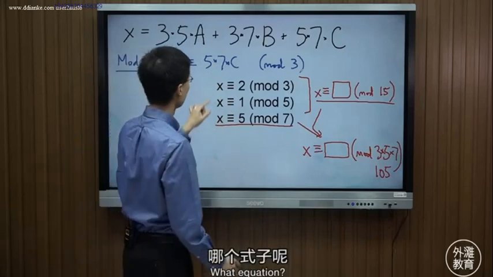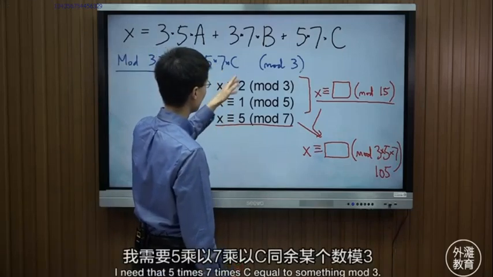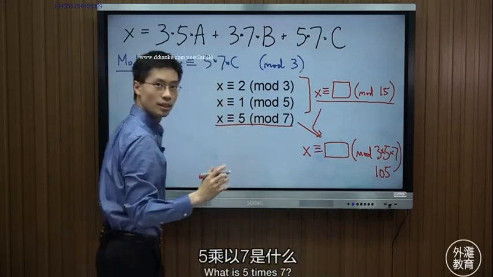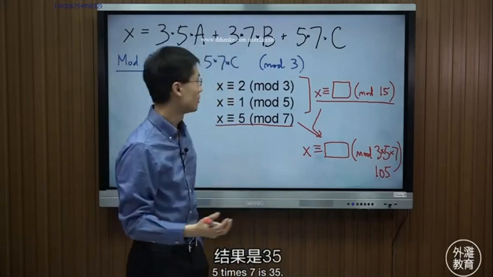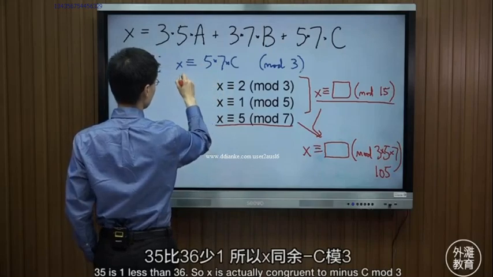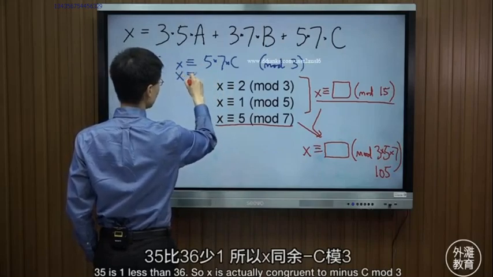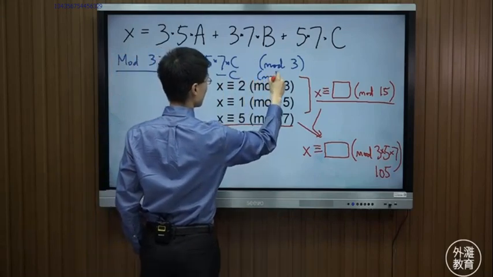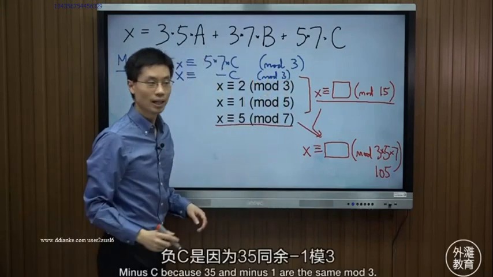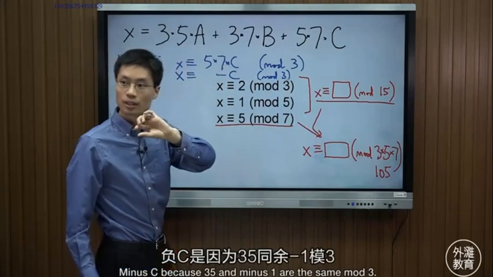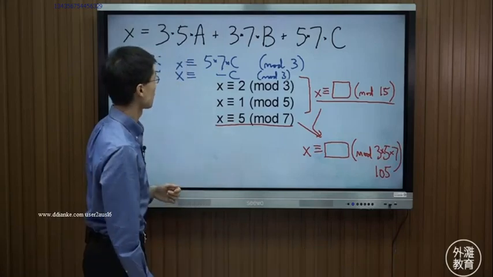What equation? I need to have 5 times 7 times c equal to something, mod 3. What's 5 times 7? 5 times 7 is 35. 35 is 1 less than 36. So x is actually congruent to minus c mod 3. Minus c because 35 and minus 1 are the same mod 3.